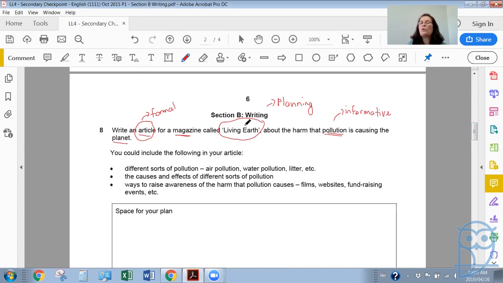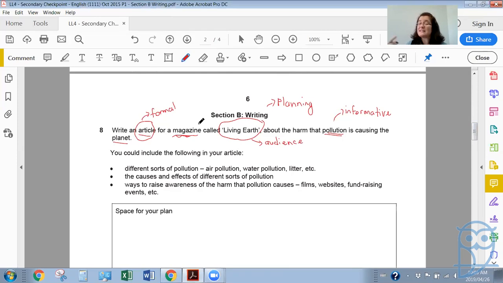If we think about audience, because audience is also important, who are you writing for? Just think this for yourselves: who do you think would read Living Earth magazine? Everybody on the planet? No, highly unlikely. A specific audience will read Living Earth magazine. Magazines are quite a luxury item, and only people with a certain level of income would probably buy magazines, although a lot of magazine articles are now online.